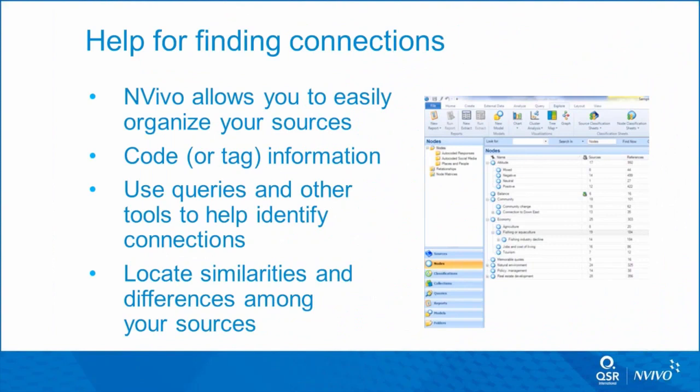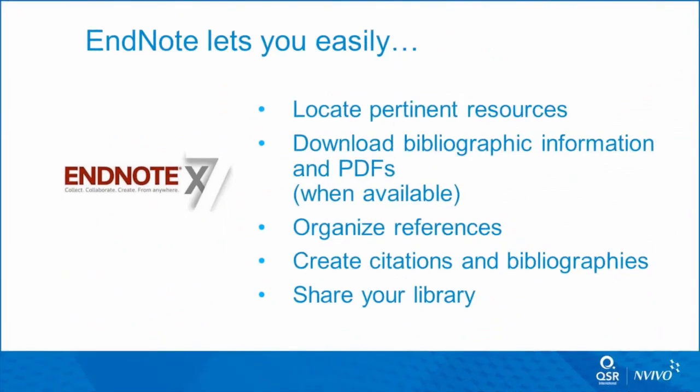When you're looking for help finding connections, NVivo allows you to easily organize your sources, code or tag your information, use queries and other tools to help identify connections, and locate similarities and differences among your sources. So EndNote lets you easily locate pertinent resources, download bibliographic information and PDFs when available, organize references, create citations and bibliographies, and share your library.